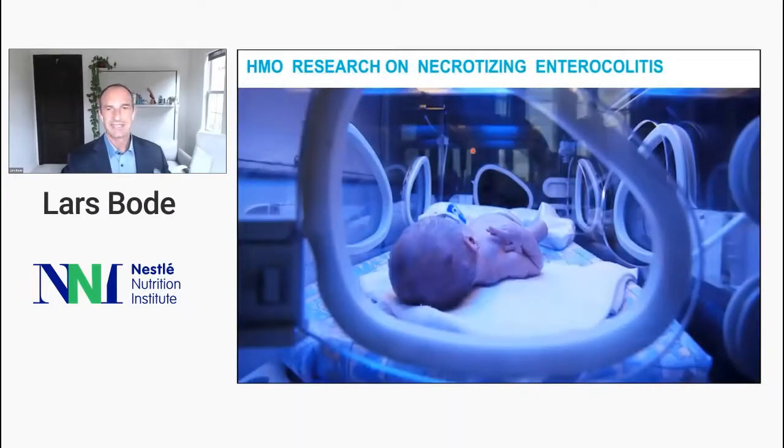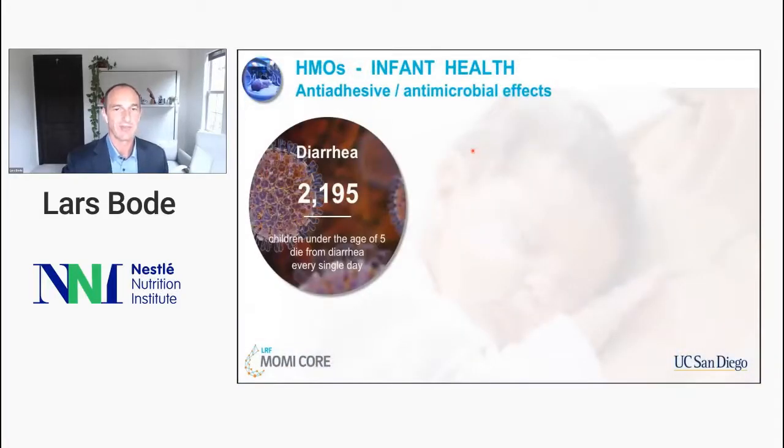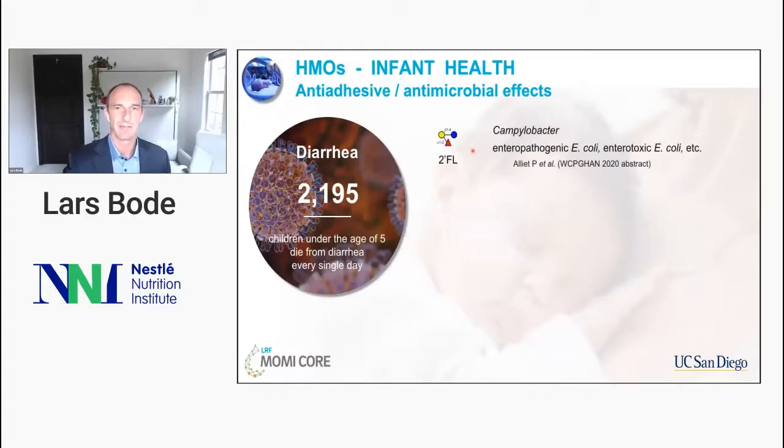So this is NEC. This is one example for the preterm, very low birth weight infant. Oligosaccharides have been associated with many, many other things as well, mostly in the term infant space. For example, when it comes to diarrhea and pathogen exposure, some examples are 2FL with Campylobacter and enteropathogenic E. coli, so potentially some protective mechanism.